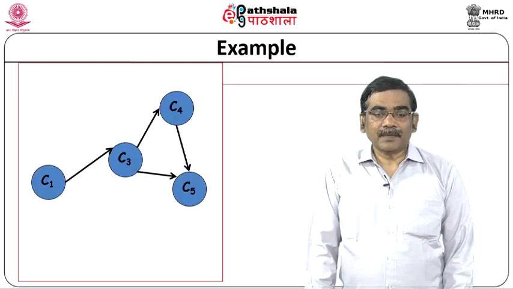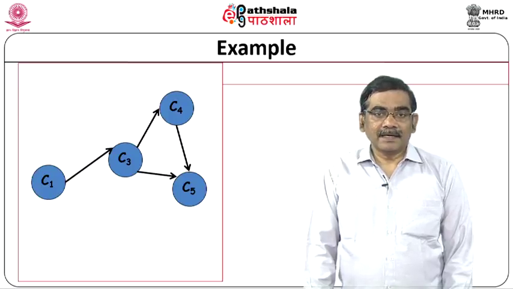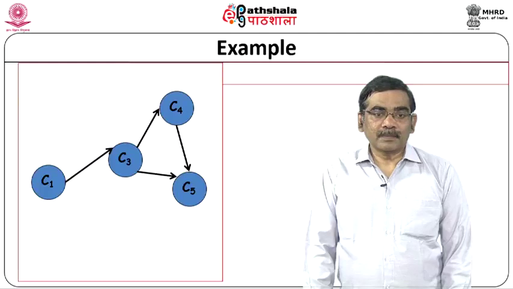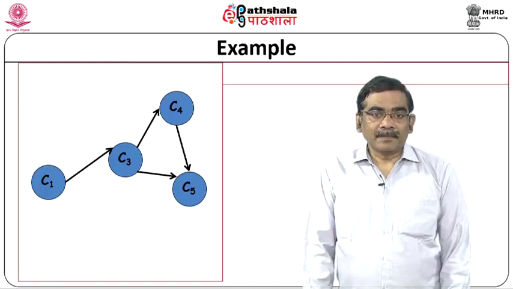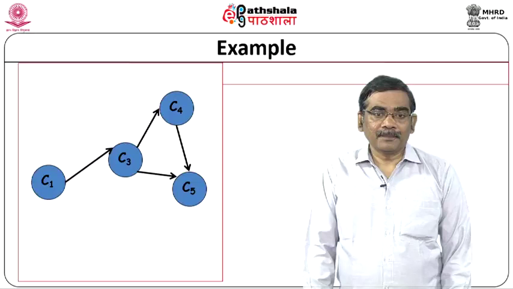Let us assume that this graph represents 5 courses, and the constraint imposed on the graph is course prerequisite. That means if I want to do course C3, then I should have completed course C1.